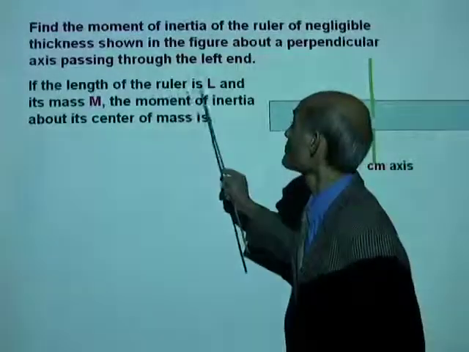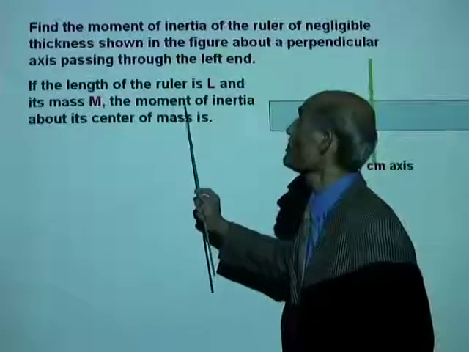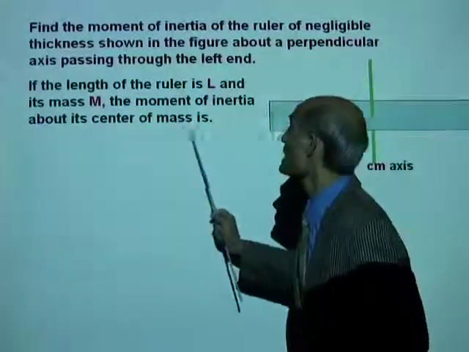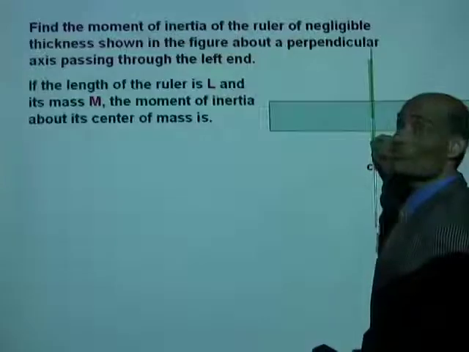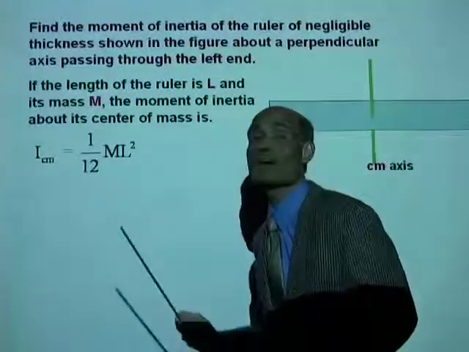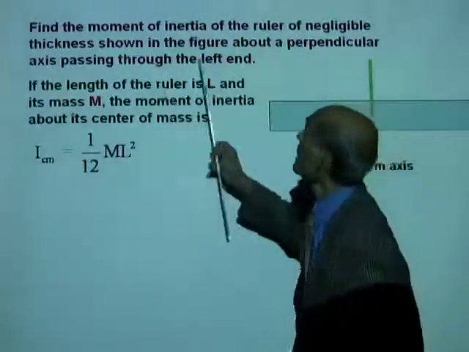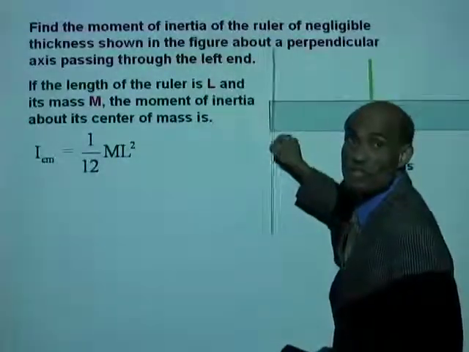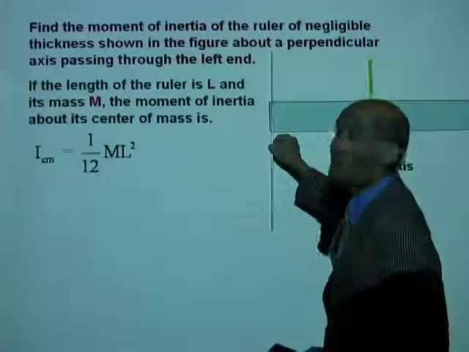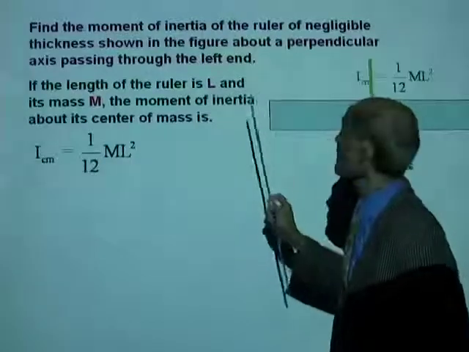If the length of the ruler is L and its mass m, the moment of inertia about its center of mass, about this axis, I center of mass is 1/12 ml squared. We have been required to find the moment of inertia about an axis that passes through one of its ends.